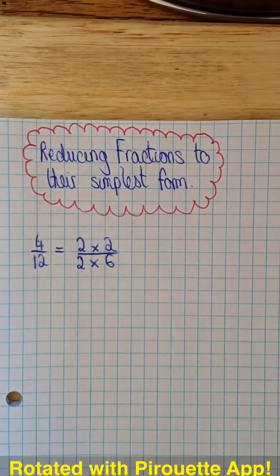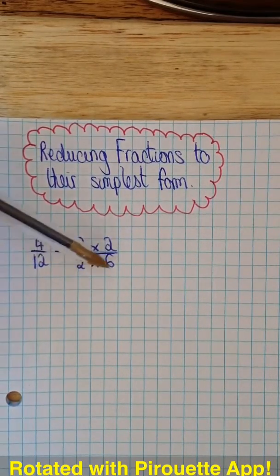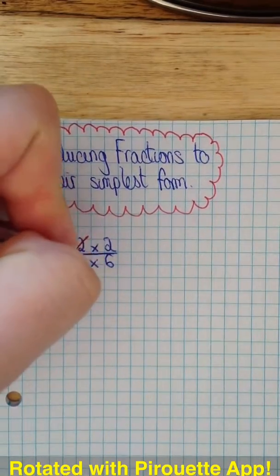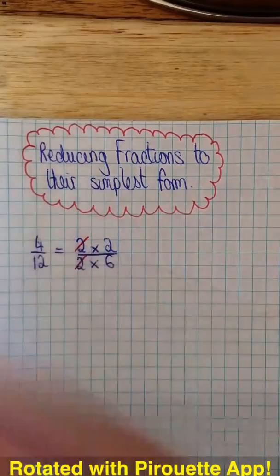Now the next step is to cancel common factors. We've written out 4 in terms of its factors, 2 and 2, and we've written out 12 in terms of some factors, 2 and 6. And we can cancel common factors. So if these two numbers share a factor, and here they do, they share 2's, we can cancel those 2 factors. Now this is almost exactly the same, or in fact it is exactly the same, as dividing the numerator and the denominator by 2.